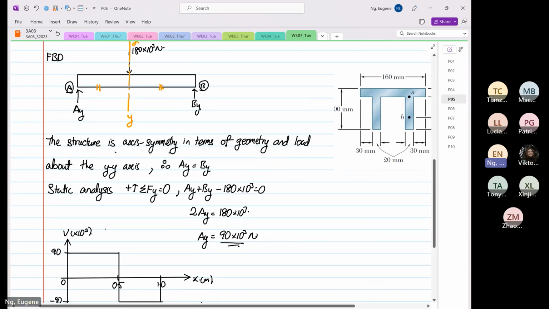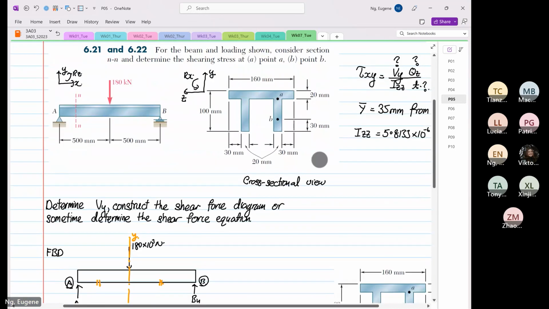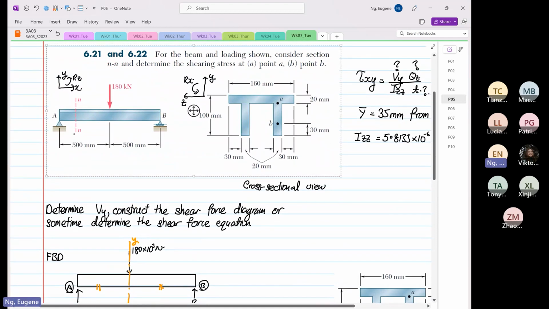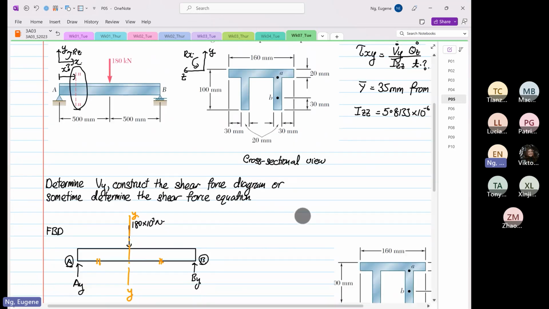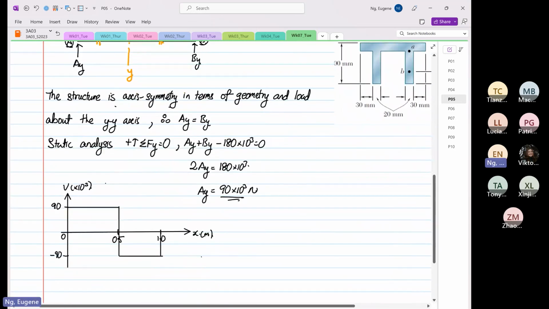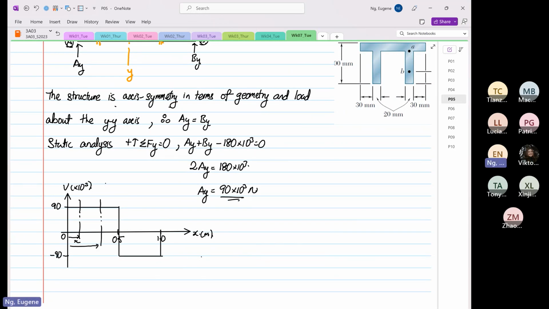Right? So one thing weird is, this is why the NN position along the x-axis, what is this value? It's not given, but it's not important. Why is it not important? Because if you take any distance, x distance here, or another distance over here, the shear force is still going to be 90.